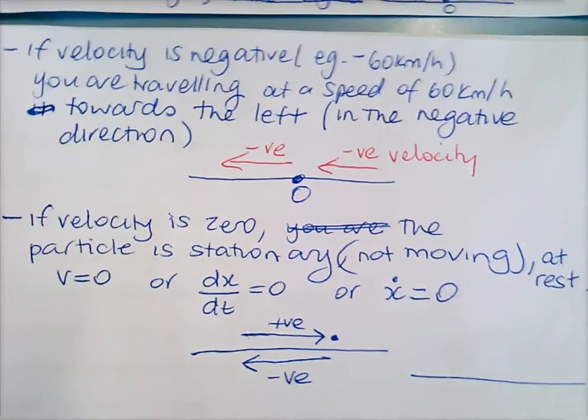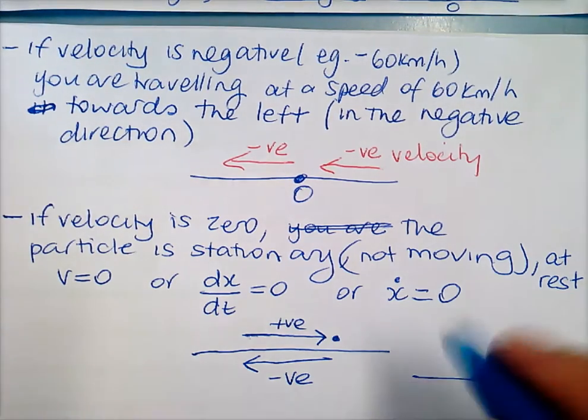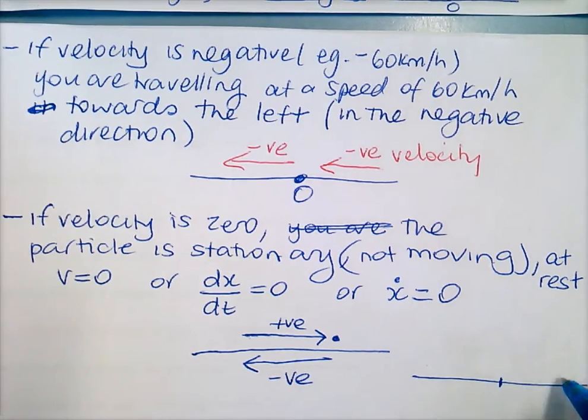I think we've spoken about this before with second derivatives. You know how the second derivative is negative and then it becomes positive? Well, when you go from negative numbers to positive numbers, you have to pass through 0. So when you've got, say, a positive velocity, let's say this is my scale for velocity, and these are positive numbers 1, 2, 3, you've got to come through 0 to get to negative 1, 2, and 3.